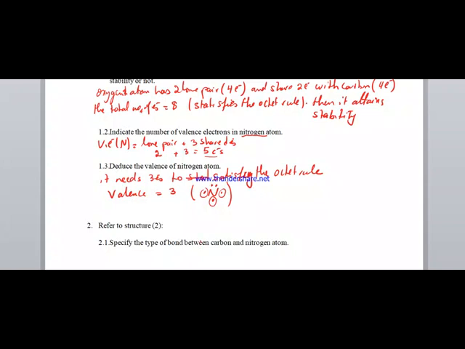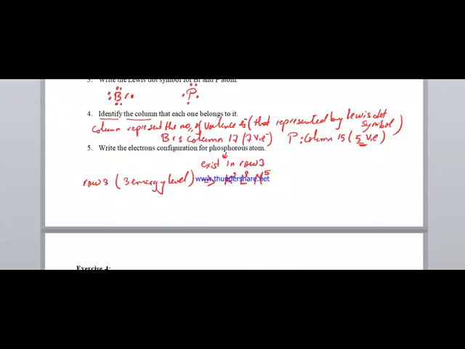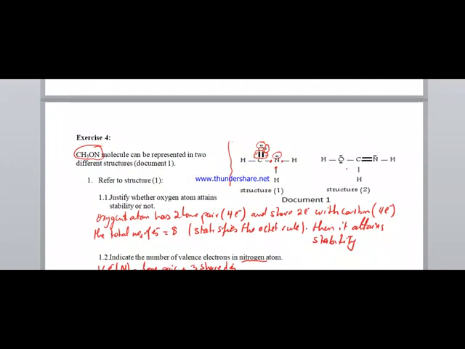Referring to document 2 of structure 2, specify the type of bond. We must explain what is the type of bond between carbon and nitrogen. Let's go back to structure 2, between carbon and nitrogen. Here we have a double covalent bond. We have sharing of 2 pairs of electrons.